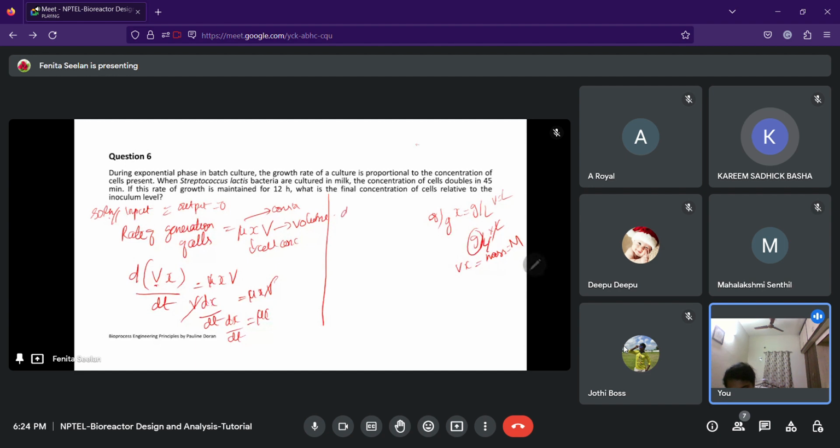We will take X terms on one side, mu into dt. If we integrate this, it is ln X equal to mu t plus k, where k is a constant.